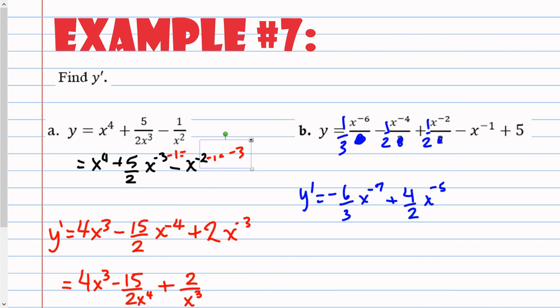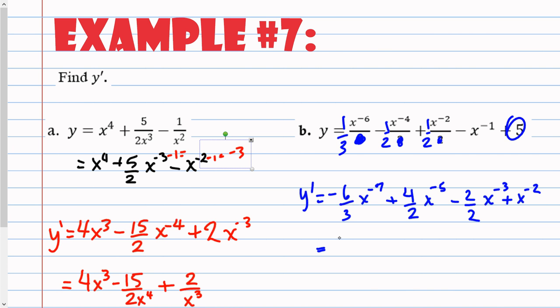I'll rewrite it again. Subtract an exponent. Okay, negative 2 times 1/2 is negative 2 over 2, and then x, and then subtract another. And then here we have a negative 1, so I'm going to have to multiply that, so positive, and then x, negative 2, and then the plus 5 is a constant, so it becomes 0.